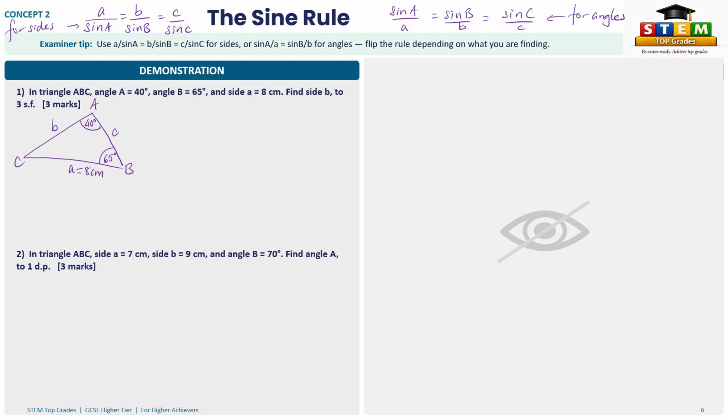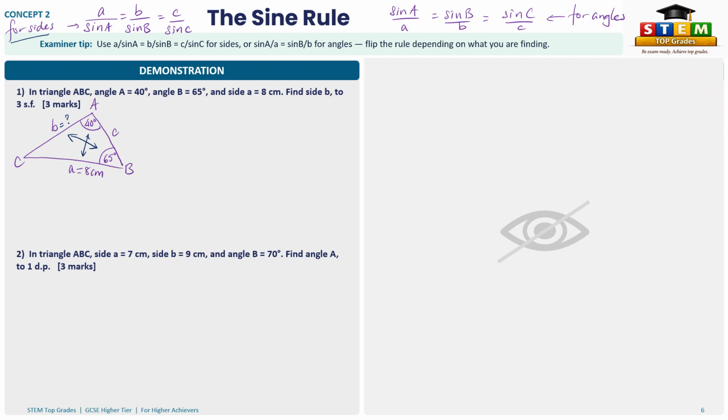Now let's look at sides that are opposite each other. We know we need to work out side b, so I'm going to put a question mark here so we can easily identify the one that we're going to be working on. That involves two pairs of letters, and these are A and B. Because we're looking for sides, the first formula that I've written at the top is the one we're going to be using.